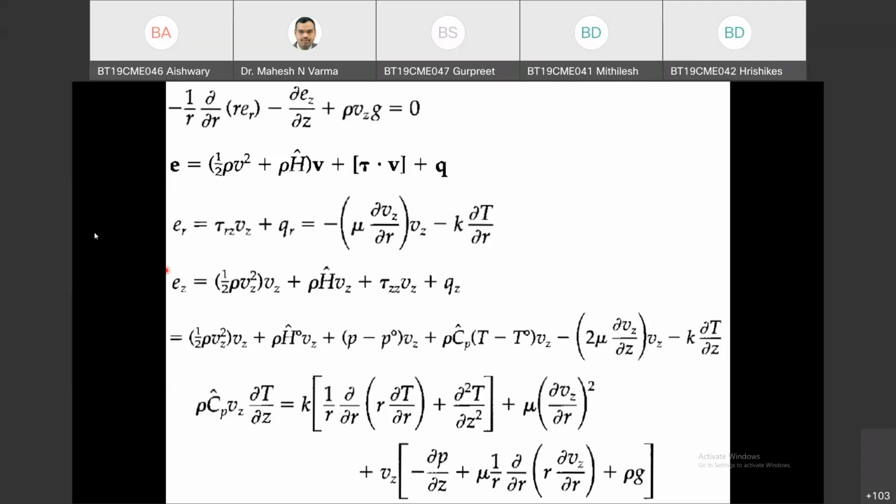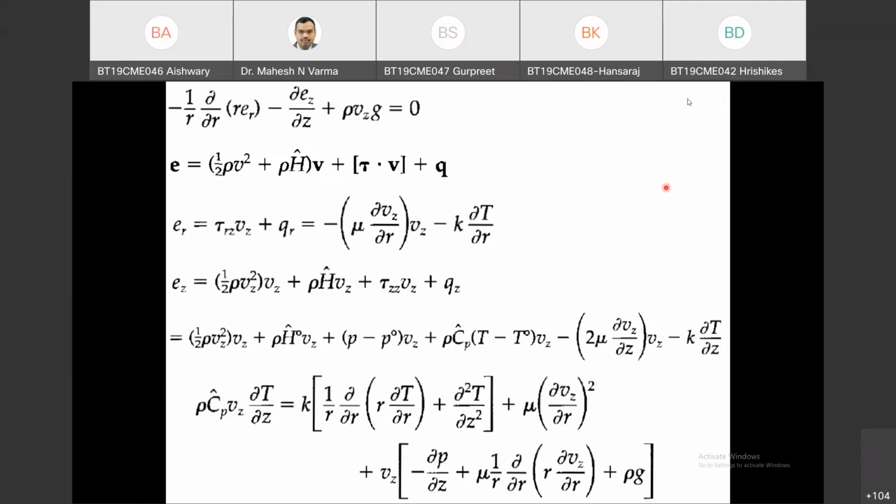Roll number 48, Hansraj. Sir, got it, sir. I have not written it yet, but I have arranged this equation and got the final equation.